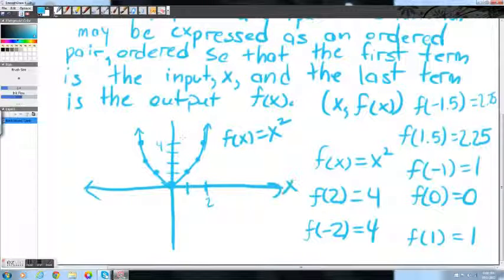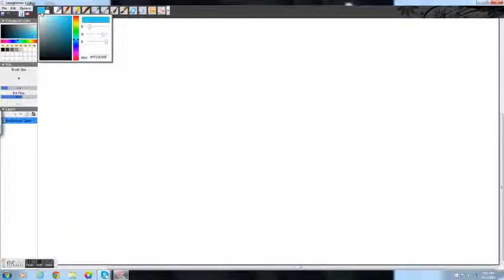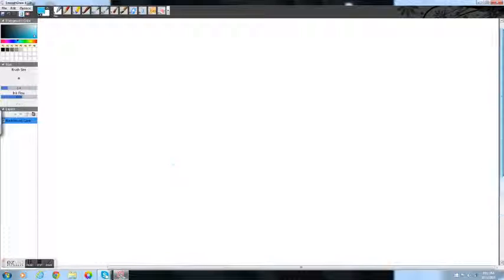This function took real numbers on the x-axis and transformed them into their squares on the y-axis, and the ordered pairs become the graph of the function and describe the behavior of the function.